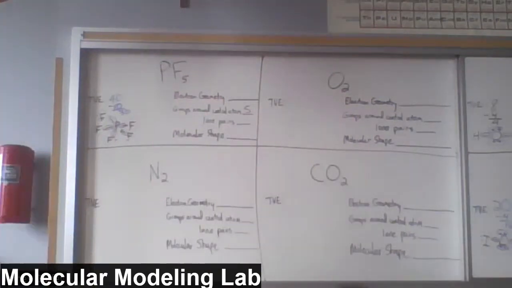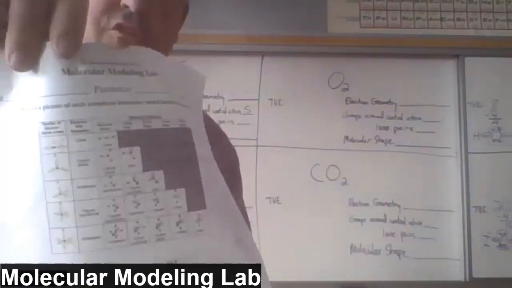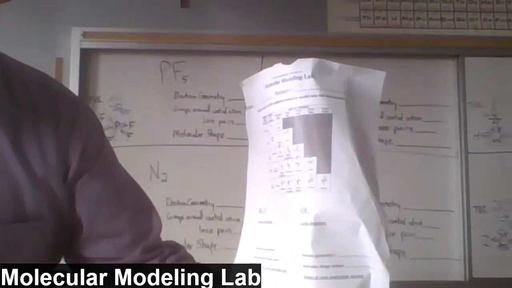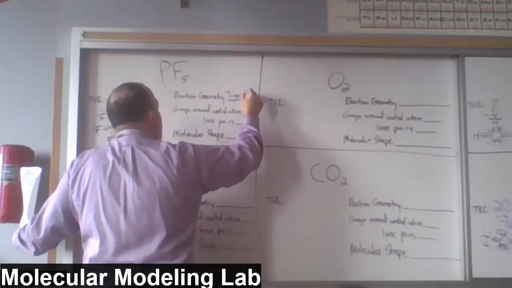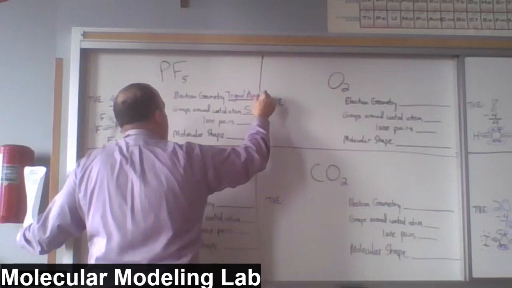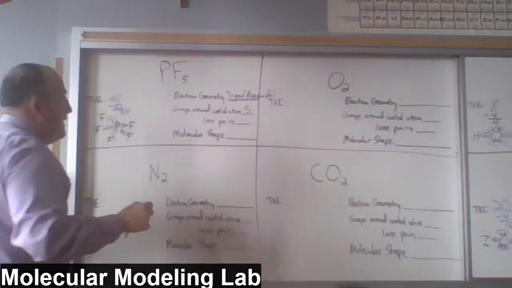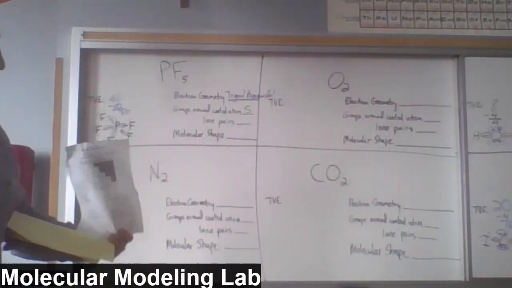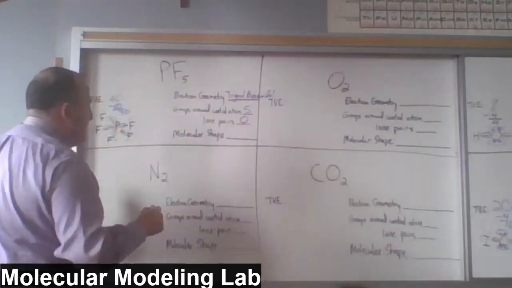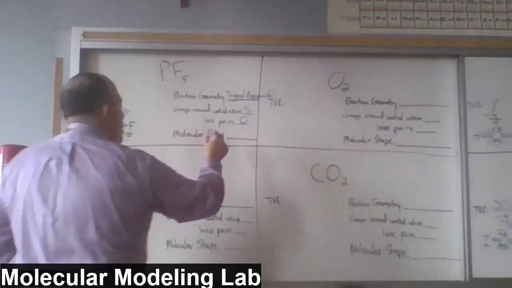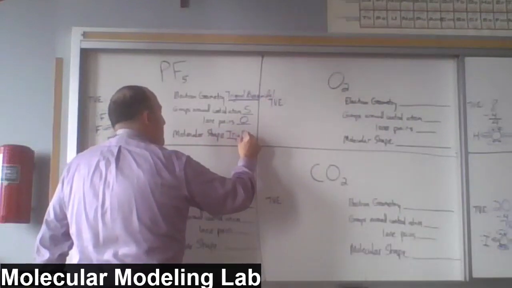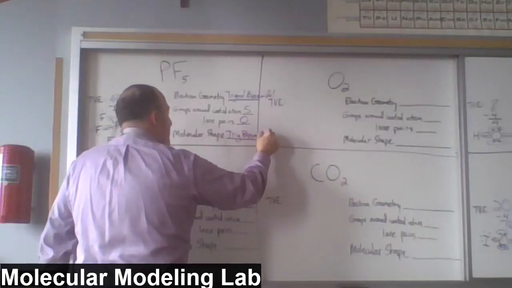And if you remember the name of the molecule or the types of molecule, that's trigonal bipyramidal electron geometry. And of those 5 electron groups around the central atom, none of them are lone pairs, so the molecular geometry is also trigonal bipyramidal.